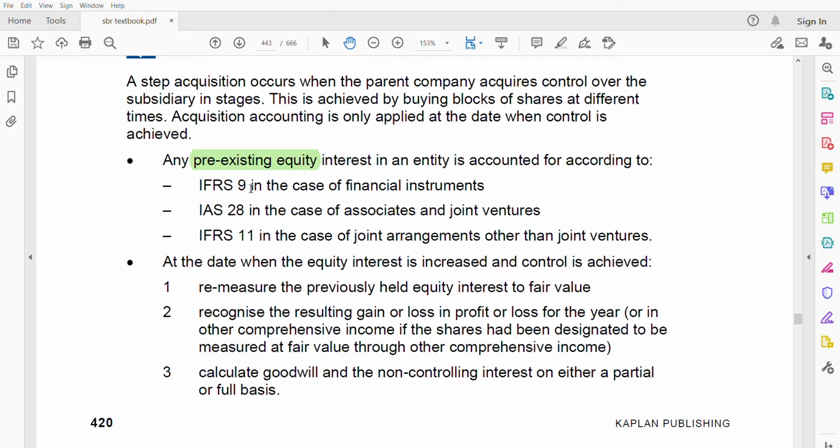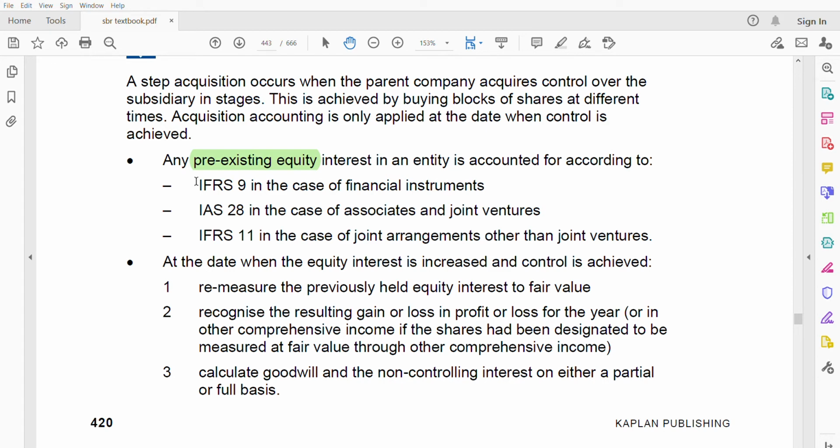Let's say you have a 10% interest, and now later you are buying 30%. That 10% interest, before it became 40%, you have to value. You have to find out that value. That's why it is known as pre-existing equity.